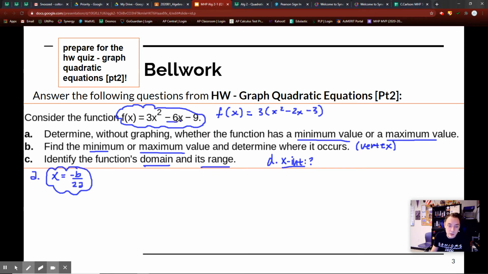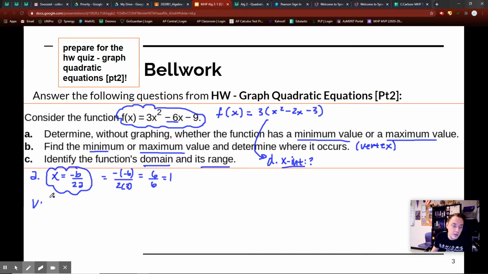I'm going to use this one instead of this one right here. I'm only going to be using that one for my d part, x-intercepts. So for here, I'm just going to use negative 6. So negative times a negative 6, and then 2 all over 3, which is my a. So this equals 6 all over 6, which equals 1.